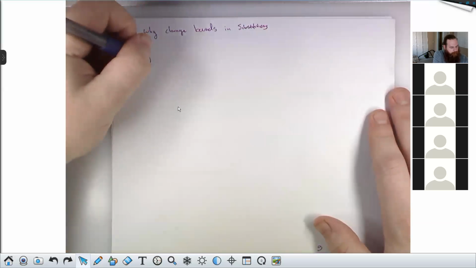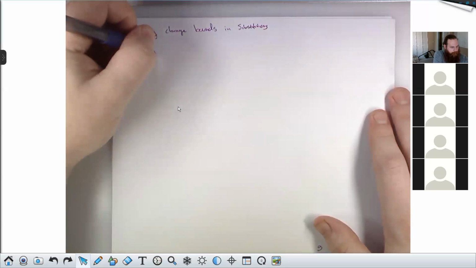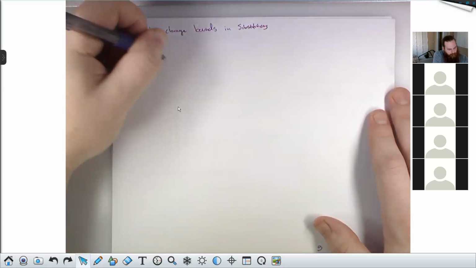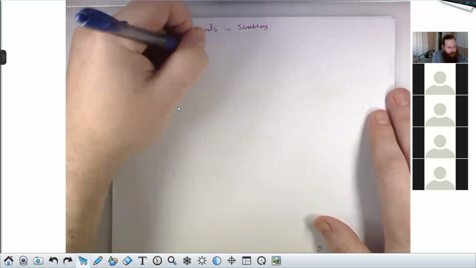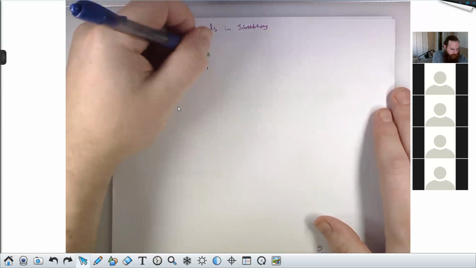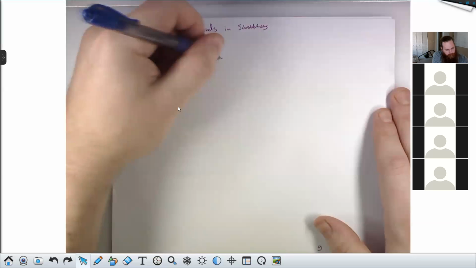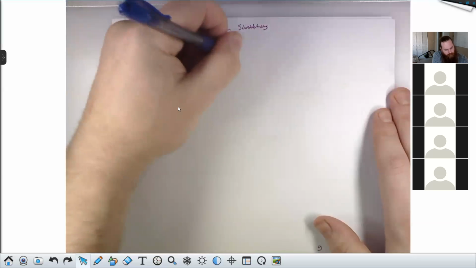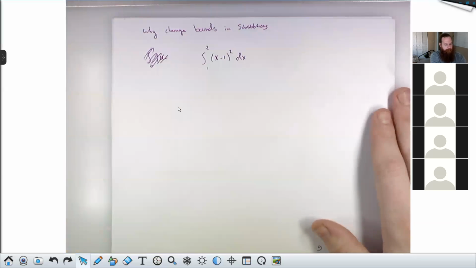Let's make it simpler. Imagine I want to integrate from, say, 1 to 2 of x minus 1 all squared dx.